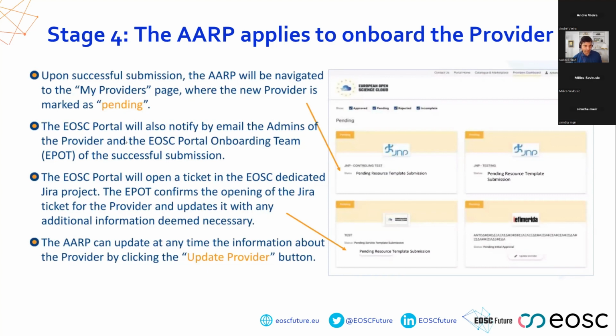On the back end, the EOSC Portal onboarding team gets a notification that the application has been submitted. A ticket is automatically generated in the Jira system, and the provider also gets an email that the application has been submitted for review. While the application is submitted, they can still update the information they have provided, and this change will be reflected in the application.